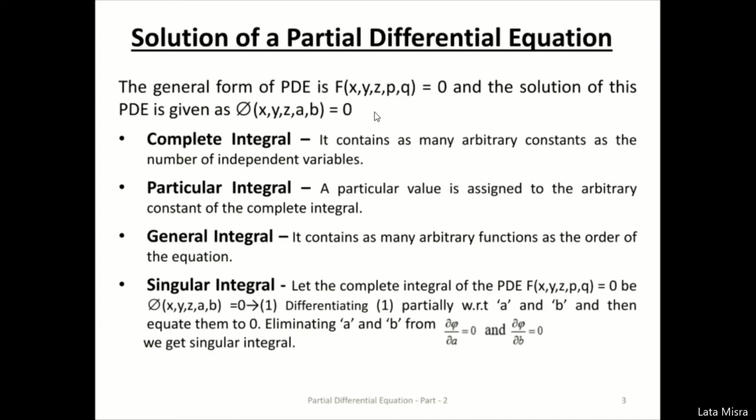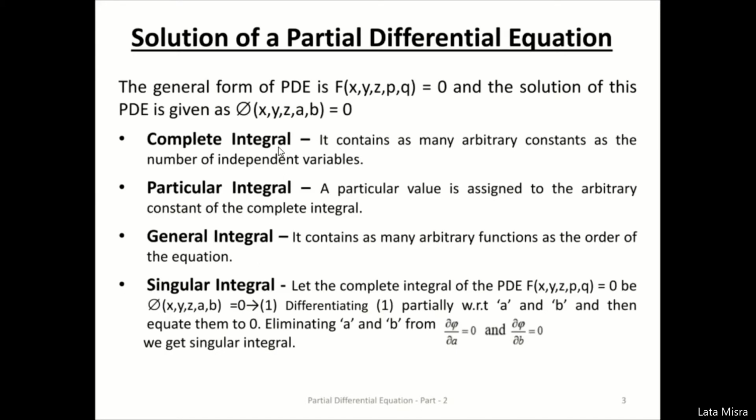So the partial differential equation f(x, y, z, p, q) = 0 is derived from phi(x, y, z, a, b) = 0, and the solution of f(x, y, z, p, q) = 0 is phi(x, y, z, a, b) = 0. Now the different kinds of solutions are complete integral, particular integral, general integral and singular integral.